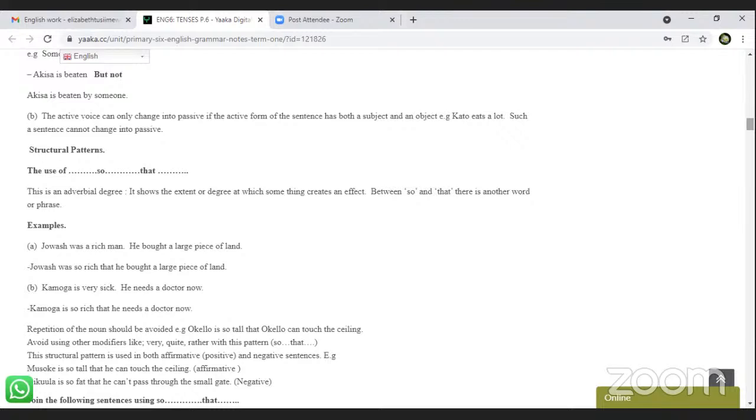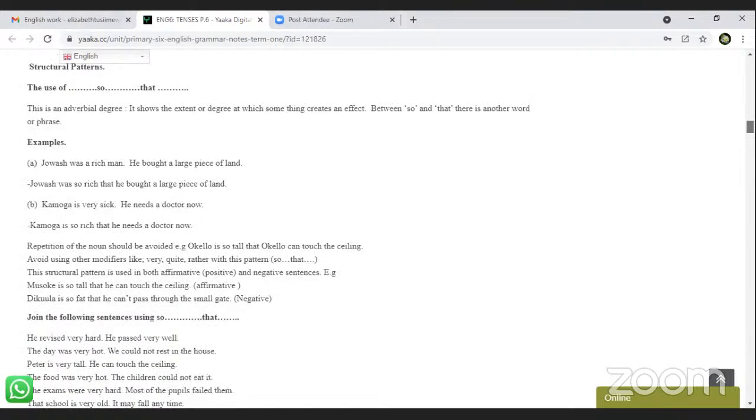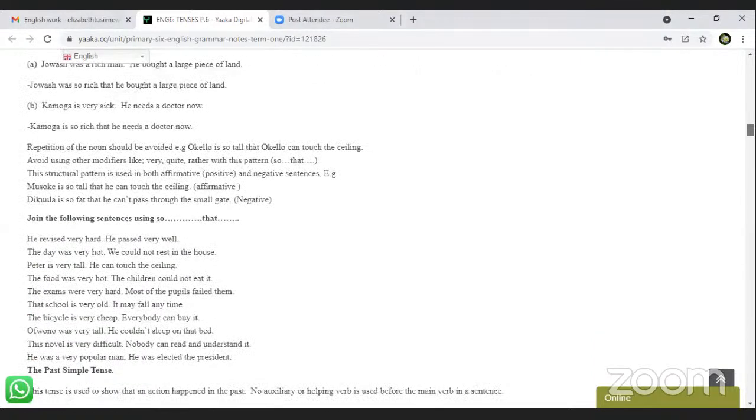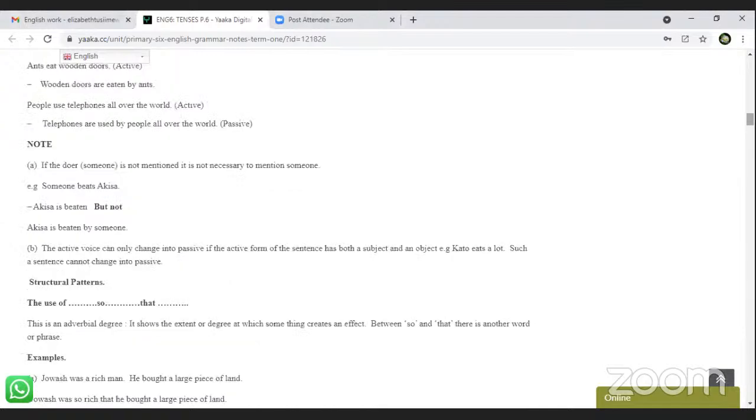So Joash was a rich man, he bought a large piece of land. Joash was so rich that he bought a large piece of land. So you can see the difference. There. Let's scroll. So that is so that, you will take on the activity.